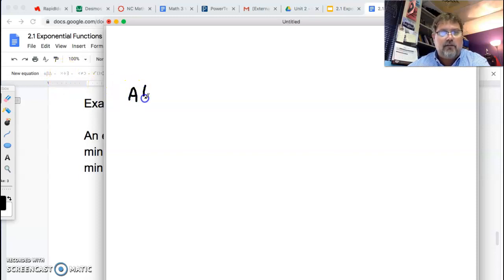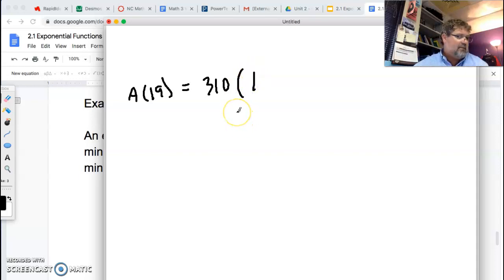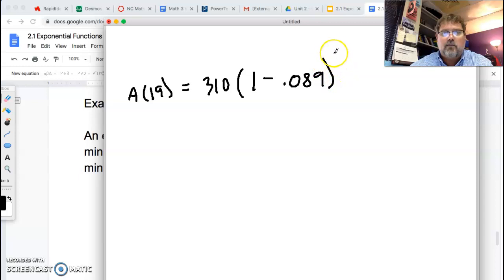A of 19, right, equals, well, there's 310 grams of it initially. The rate is this time 8.9%, so I'm going to move my decimal over and call it 0.89, and I need to raise that to the 19th power.